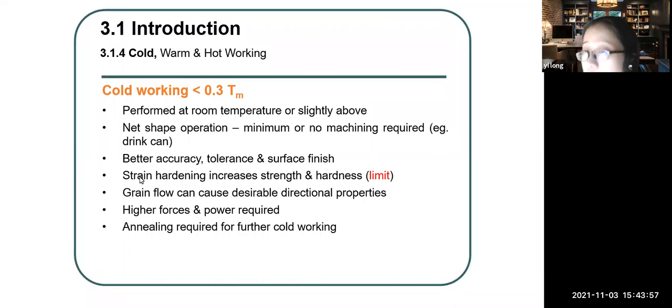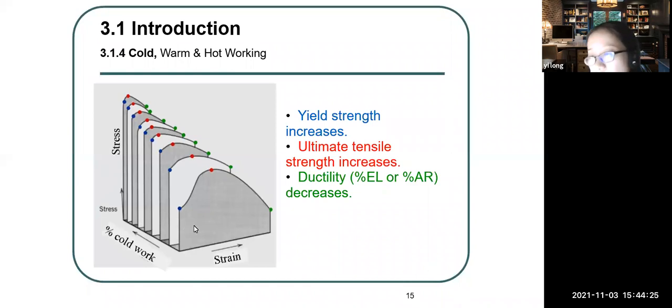And also in cold work, you have strain hardening, which is good sometimes if you need better strength. And the grain flow can be controlled, right? Whenever you want it to go somewhere, you just push that side. So grain flow can cause desirable directional properties and anisotropic properties, but you need higher force and higher power. So normally you need some annealing later. That's what we say here.